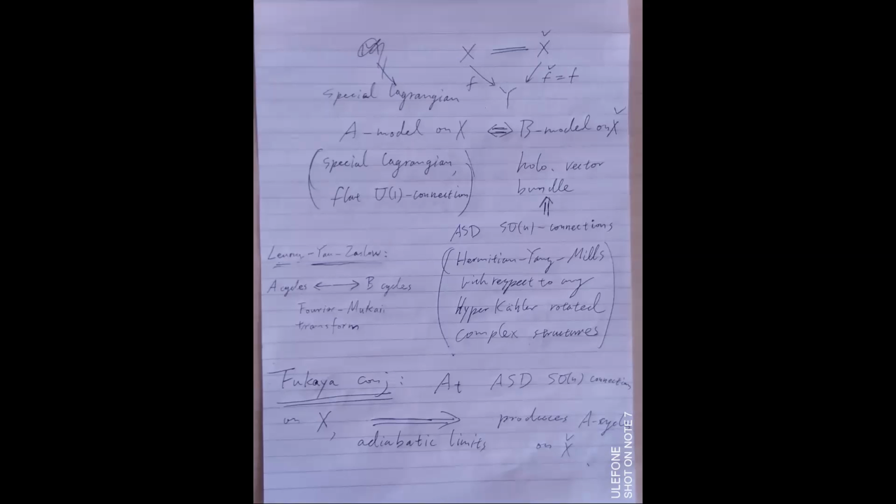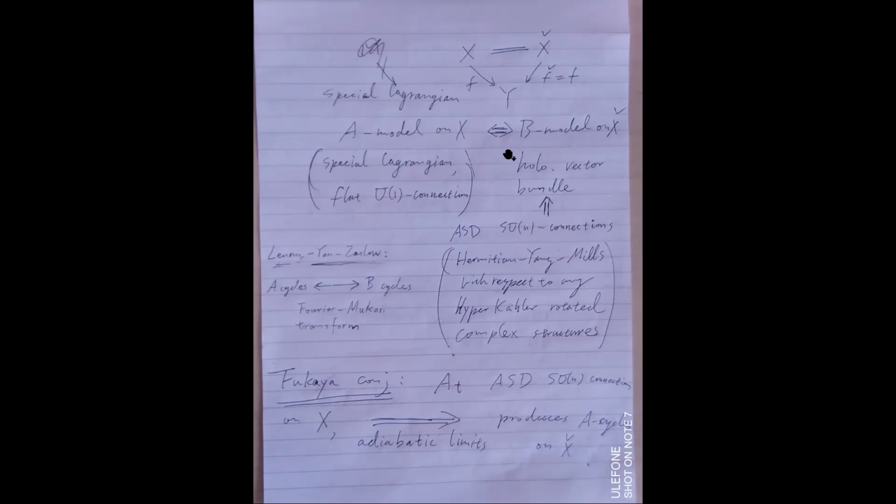In our special case, because we assume this is a Weierstrass model, the mirror is totally the same. This X check, as a differential manifold, is the original K3 manifold, and the fiber F check equals F. So it does not matter, but the mirror has a different complex structure and symplectic structure.